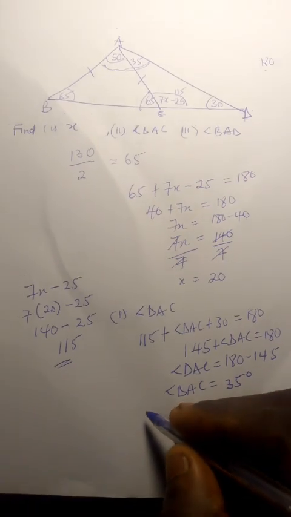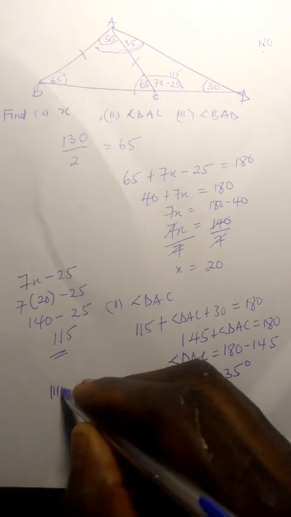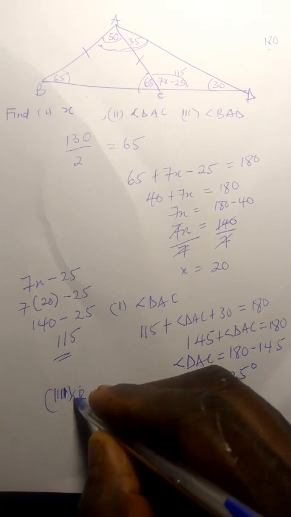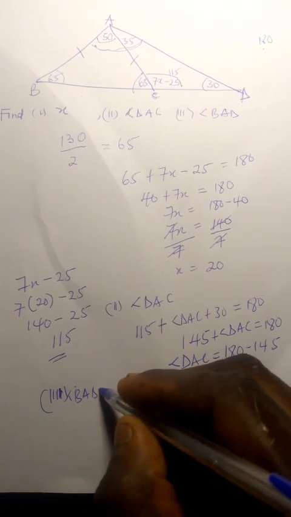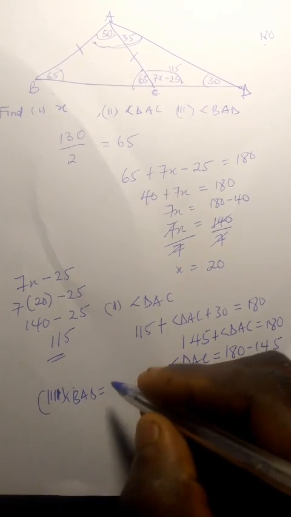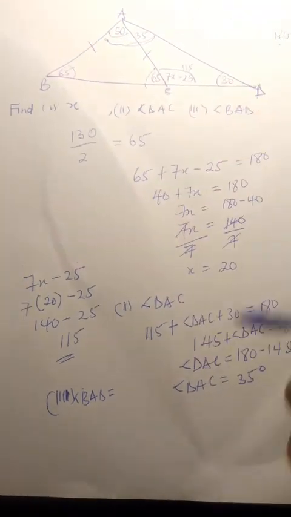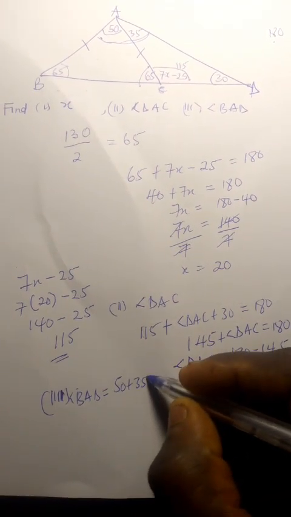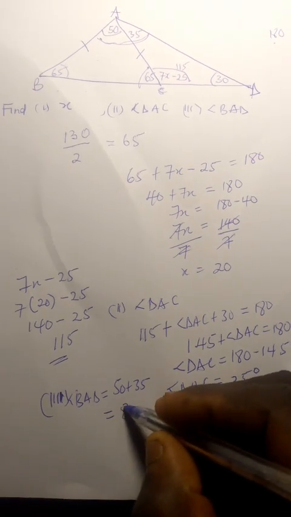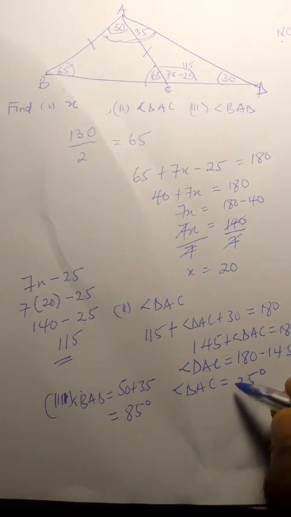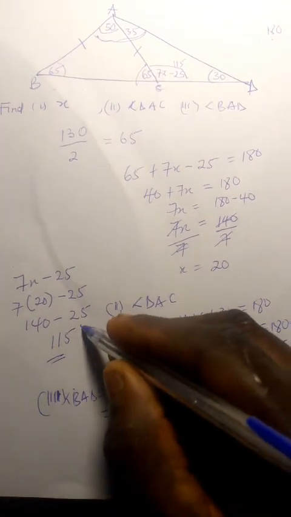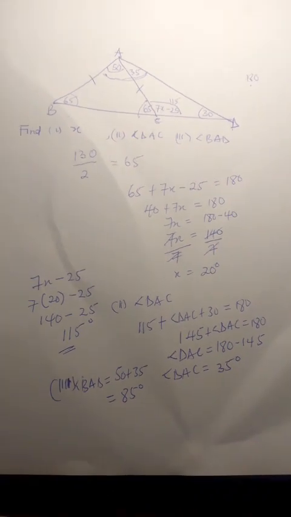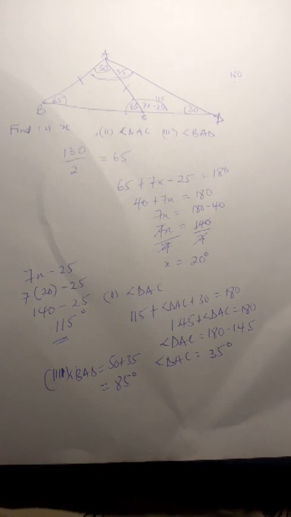So our angle BAD is the angle there, which is 50 plus 35. So 50 plus 35, and that will give you 85 degrees. Remember to bring your degrees for each of the angles given there.